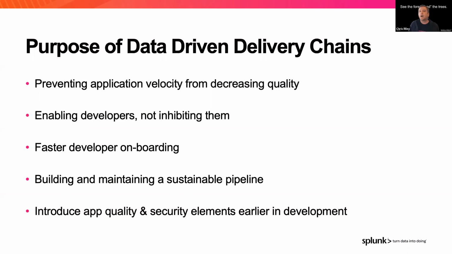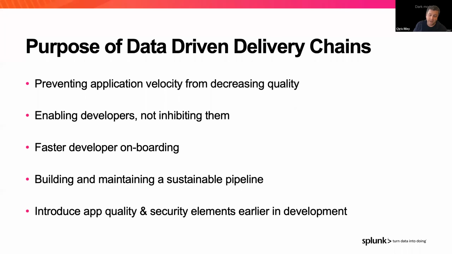We could talk a lot about automation, release automation, CI/CD, but if we also don't frame that with how we're going to manage that and sustain it, then it could just become waterfall. Three years down the road, you've architected yourself into the corner and your delivery chain is just waterfall. That's what we want to avoid. And so data-driven delivery chains is all about making sure that that application velocity doesn't come back to bite you.